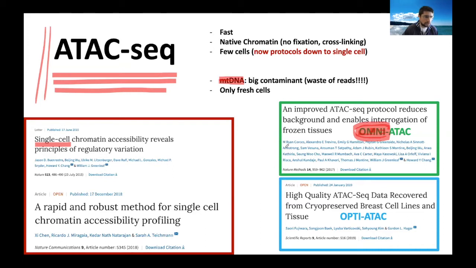So it's just wasted reads. However, with this modification, Omni-ATAC, you are able to get rid of this mitochondrial DNA contamination or reduce it greatly, to 20% maximum. So you're not wasting too many reads. And again, you can perform this experiment on frozen tissues as well. Okay.